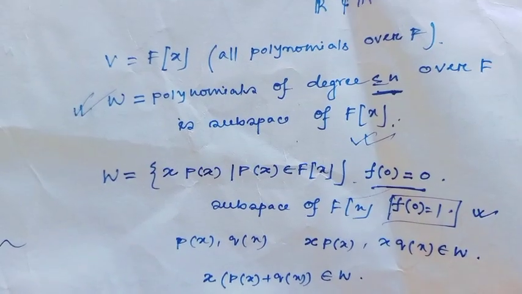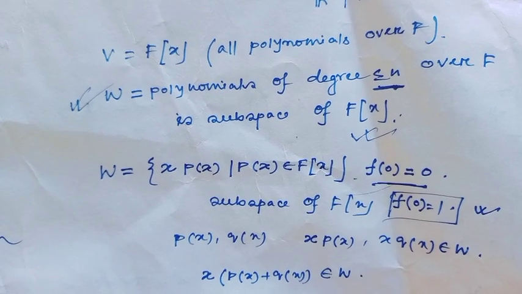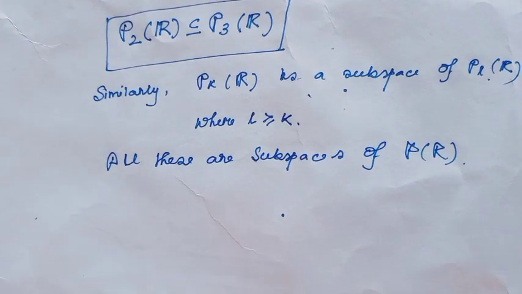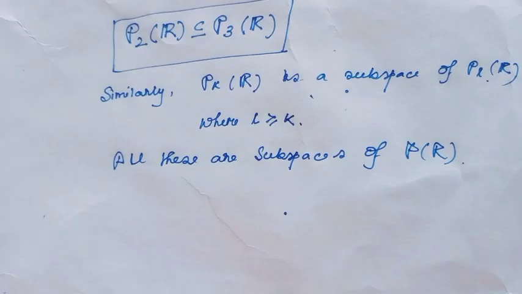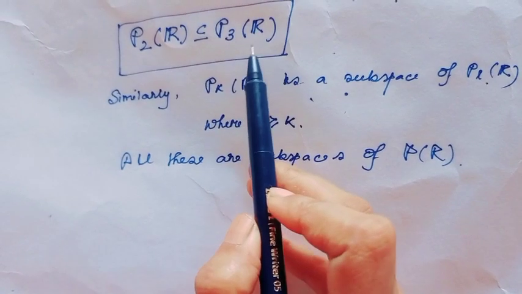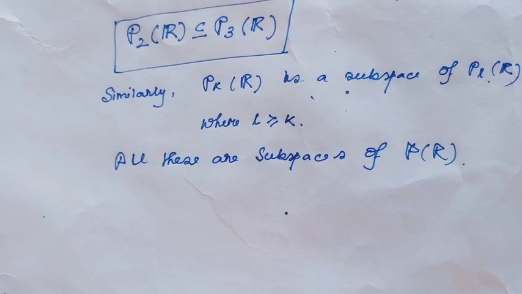I hope all my viewers have understood what a subspace of the polynomial ring over the field F looks like. In polynomials, P2(R), polynomials of degree 2, is a subspace of P3(R), polynomials of degree 3.